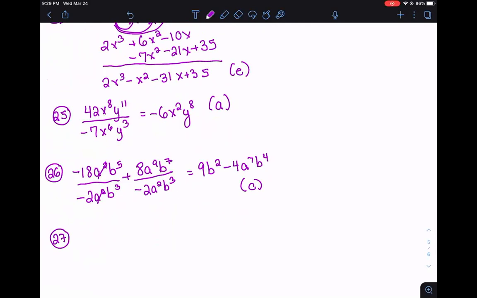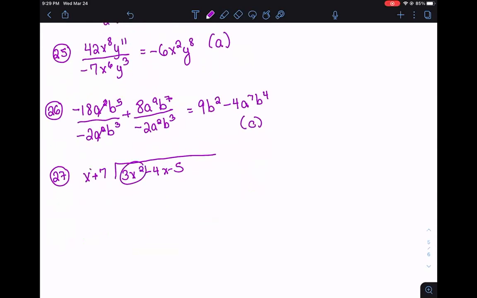Okay. And last but not least is going to be 27. So x plus 7. This is long division again. And if you notice, there are no missing terms in this expression. So we're going to have 3x squared divided by x, which is 3x. 3x times x is 3x squared. 3x times 7 is 21x. Negate, negate. So those middle terms are now gone.